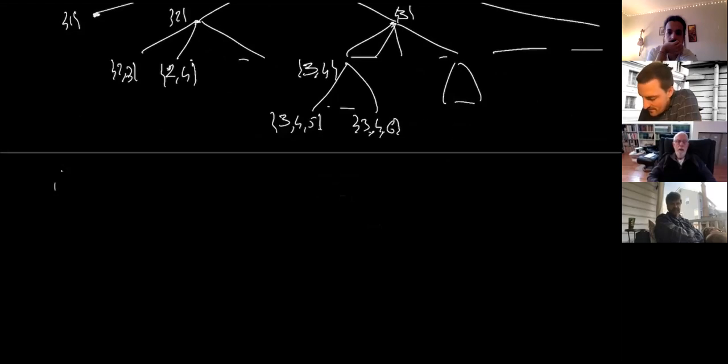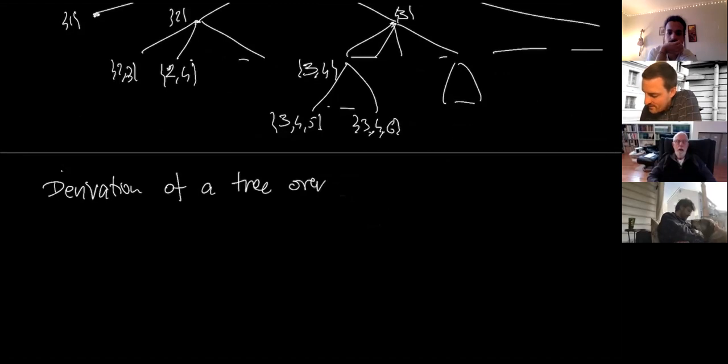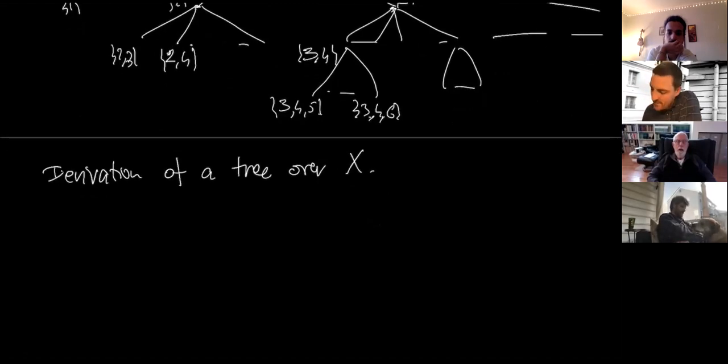So now something that will be important for us is the derivation of a tree. It's over X. So I'm going to define a derivation.